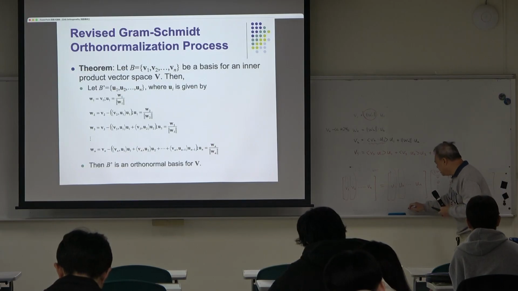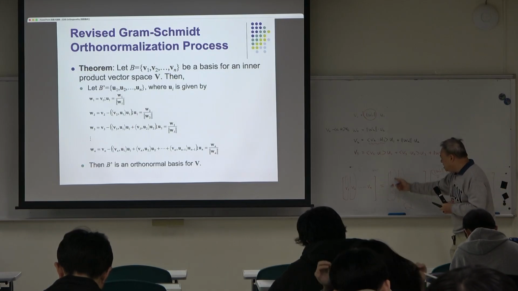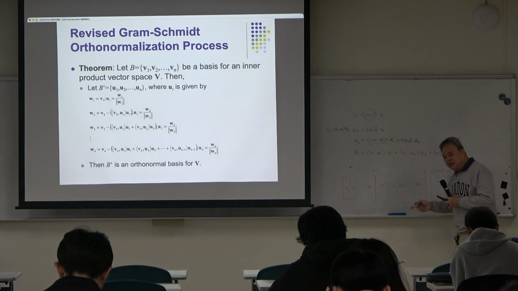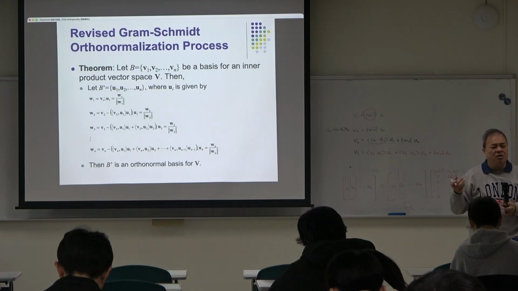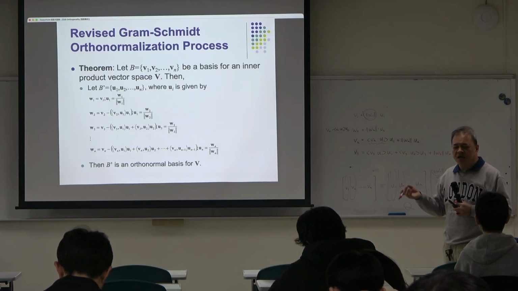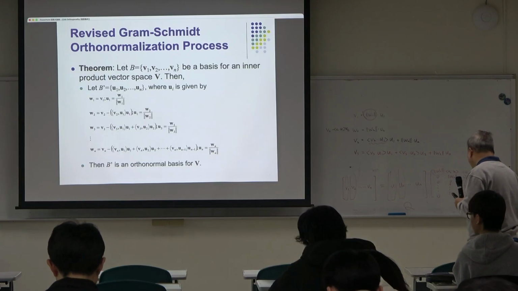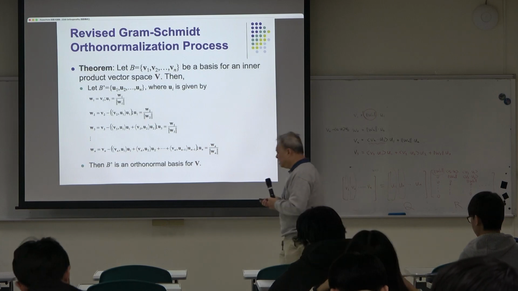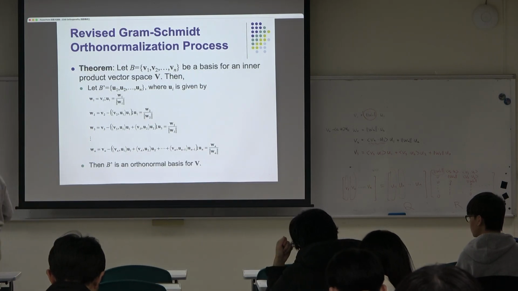If you present this as Q, and this one is R, then first, in Q, all the column vectors are orthogonal. Not only orthogonal, they are orthonormal. And R will be upper triangle, a square matrix.